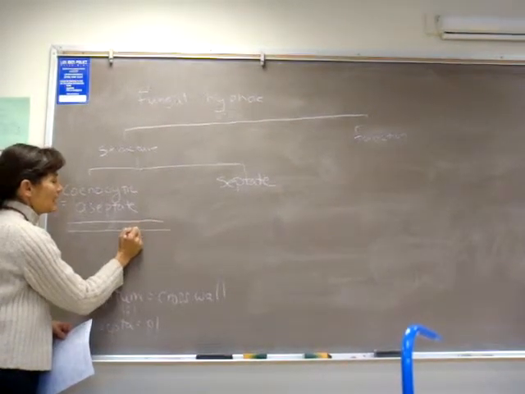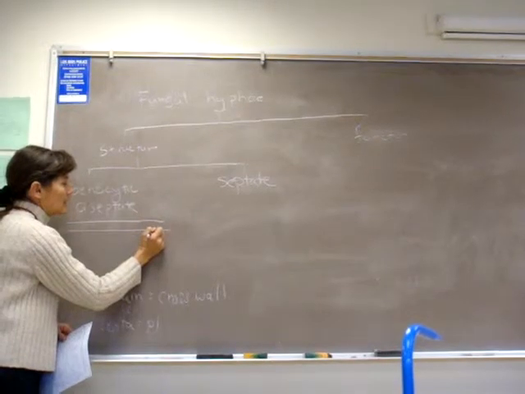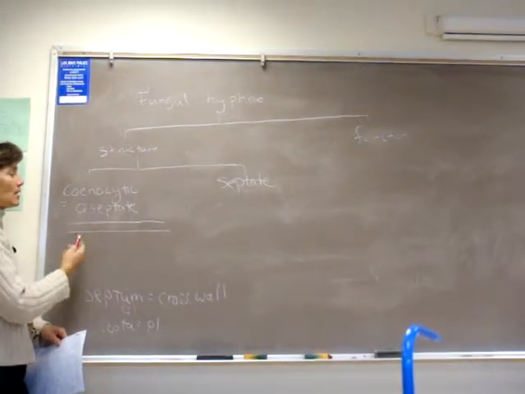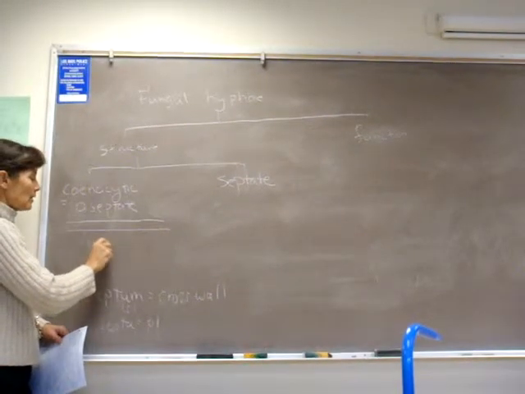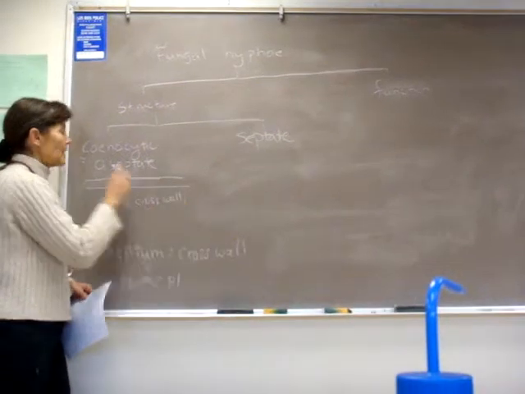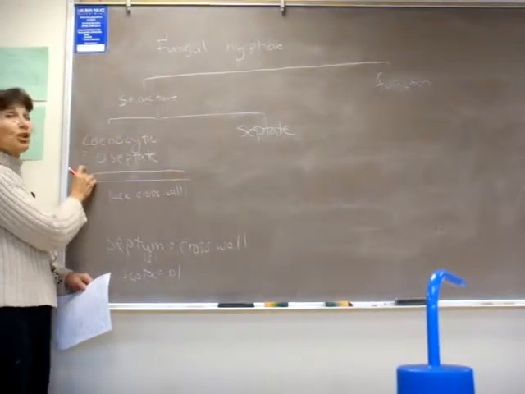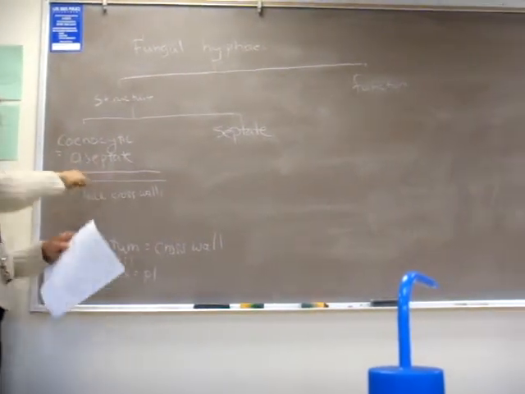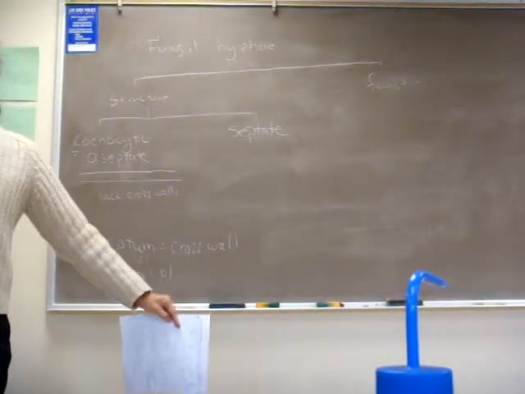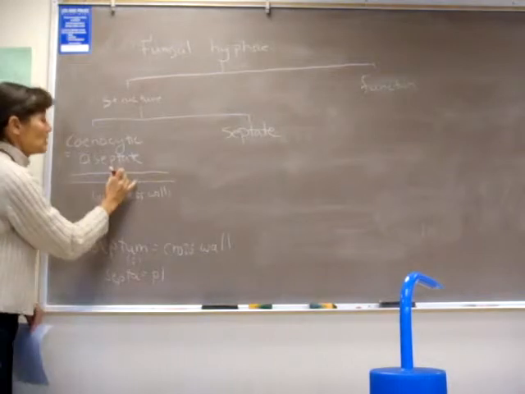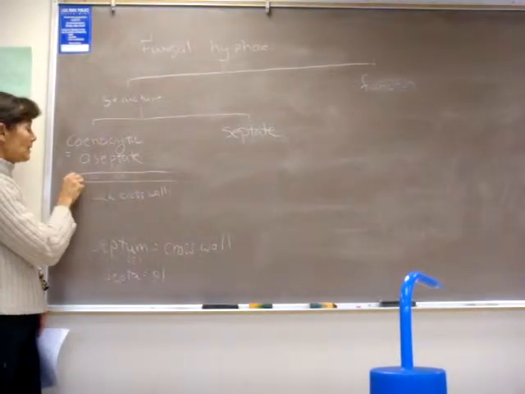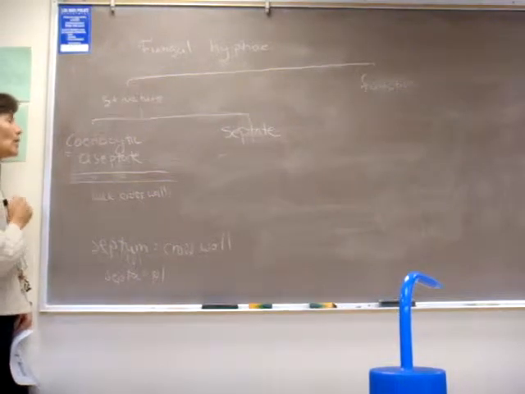It might be just a little tiny little indentation here. Okay, but these aseptate or cenocytic hyphae, they lack cross walls. So it's almost as if the hyphae, instead of being like a chain of individual cells, is like one huge long cell, multi-nucleated, lots and lots of nuclei, because each of these compartments, which actually is a separate cell, would have a nucleus.